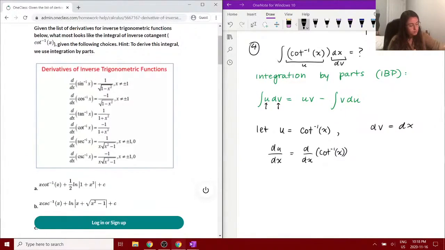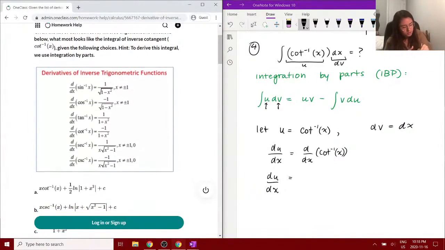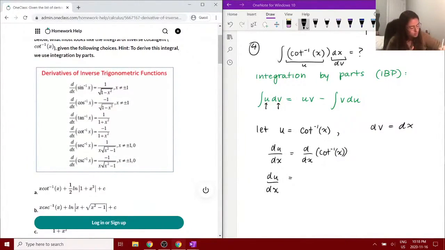As you can see from using this chart, the derivative of the inverse cotangent is this fourth one here, which is equal to minus 1 over 1 plus x squared.